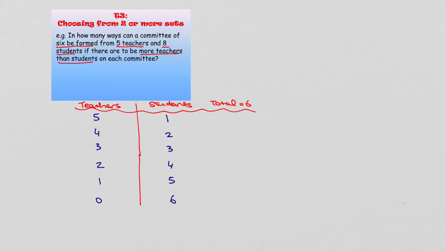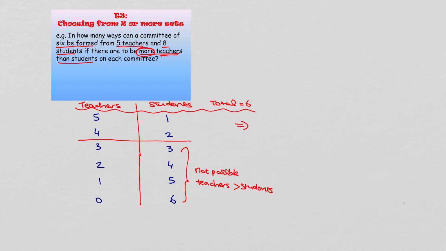However, if we look, the key word here was there had to be more teachers. So therefore, there's really only 2 different combinations. The rest of these are irrelevant because we have been told there has to be more teachers. So now we know our possibilities, let's work those out.